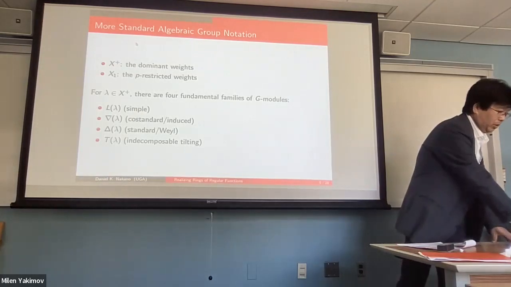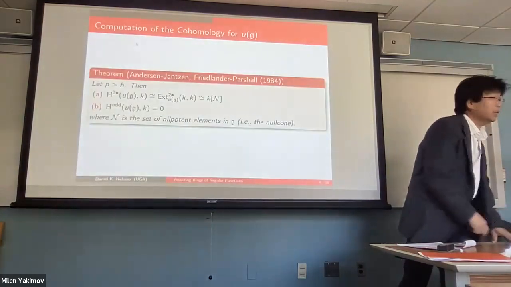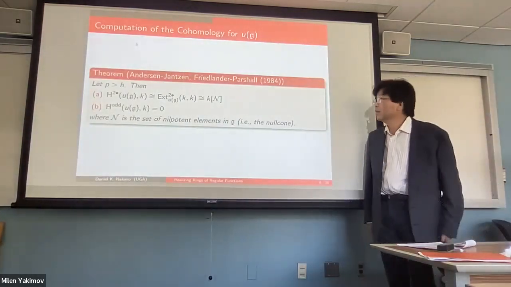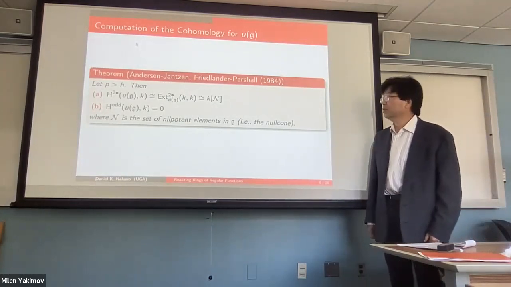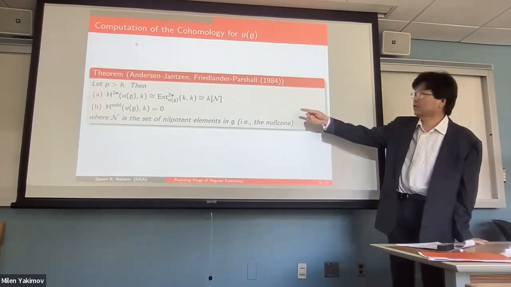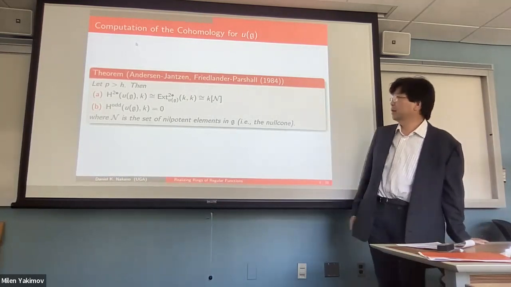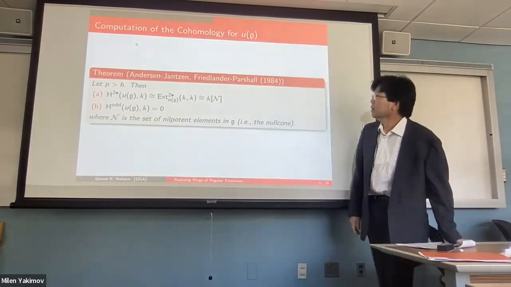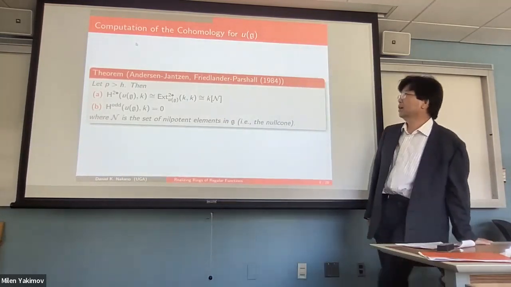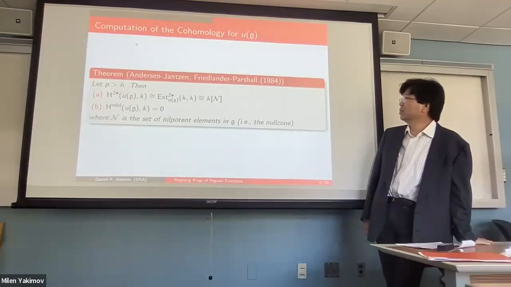So the next thing I'm going to do is start out with a computation. I said that the ring structure is really hard to compute for these algebras. So if you just take the trivial module k and look at the Ext algebra for that, a long time ago, Andersen, Jantzen, and Friedlander and Parshall actually computed the exact structure of this.